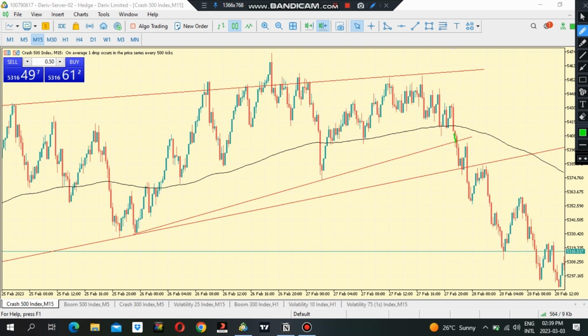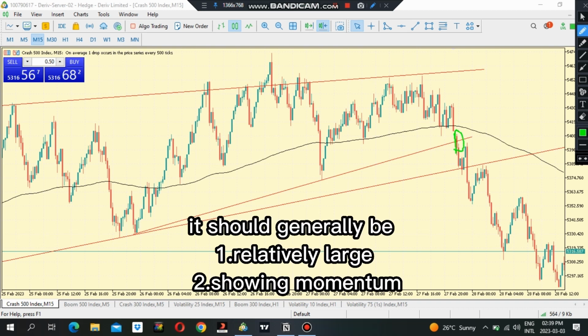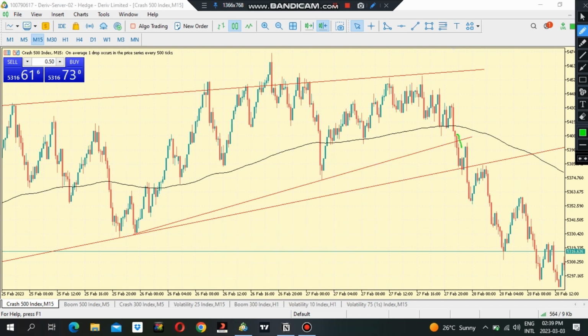But this one is the one that broke out. As you can see from its candlestick, it's quite powerful. It's showing strong momentum to the downside. So you are guaranteed that it will fall down. The market will sell.